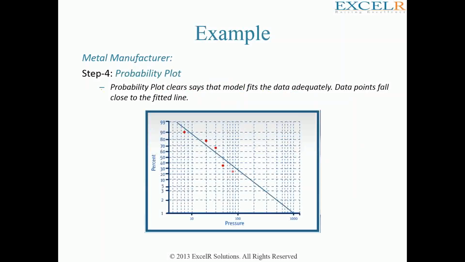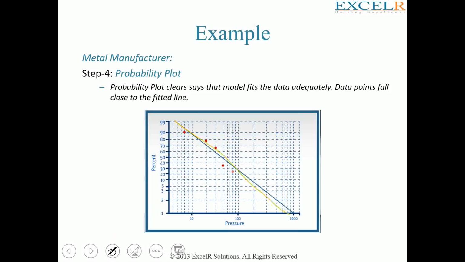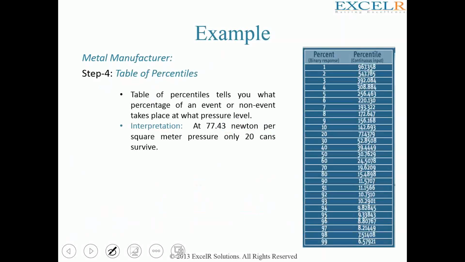And if you want to look into the probability plot to gauge whether your model fits or not, you draw a fitted line. This is your fitted line, this blue line. And then how close are the data points to the fitted line? That is going to explain whether your model is fit for use or not. Once again, for each and everything, you're going to calculate the percentile.